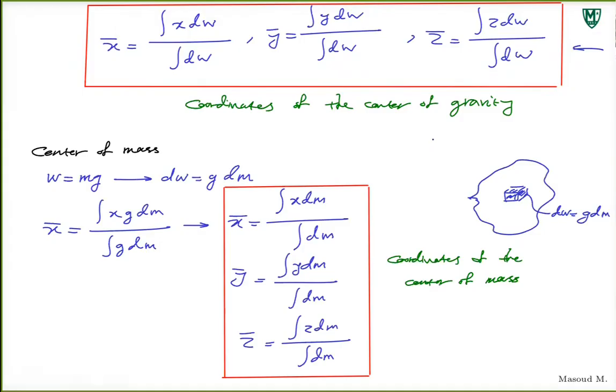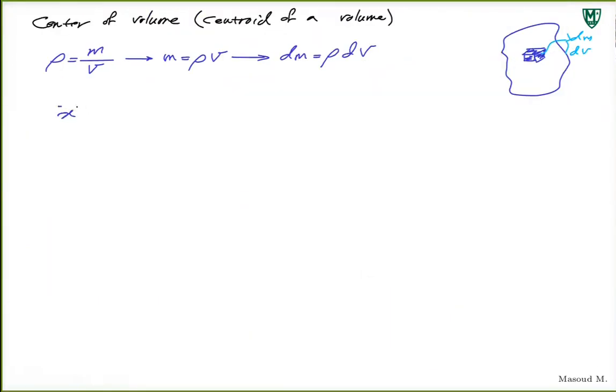Or you can use this. This is actually better, fewer steps. We can use center of mass. For center of mass for x, we know that x bar is equal to the integral of x dm over the integral of dm. Now dm is rho dv, so rho is constant and comes out.